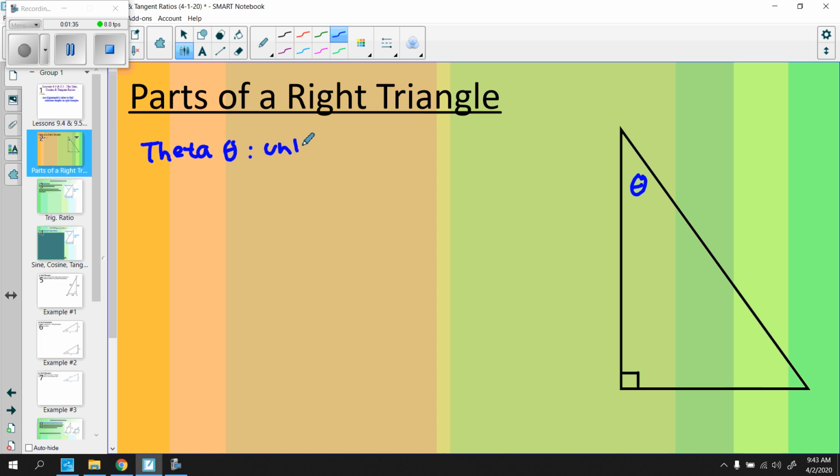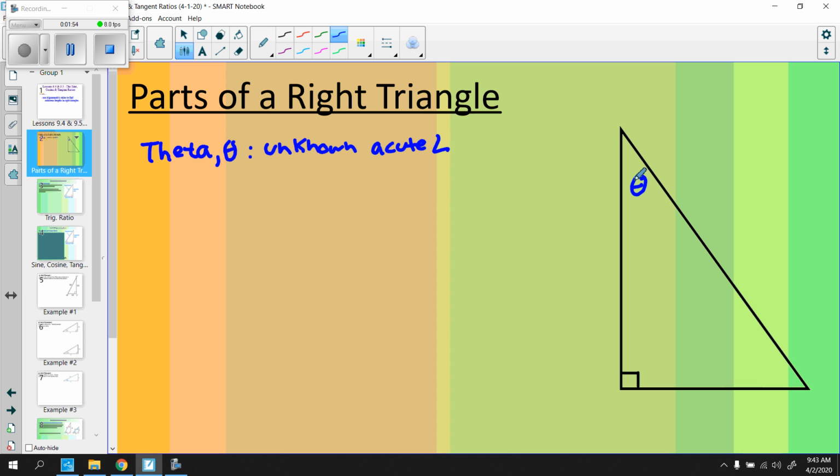You'll see those a lot as we get into some of the examples and notes. So theta is just an unknown acute angle.